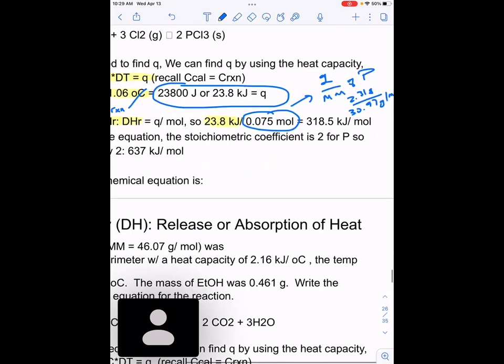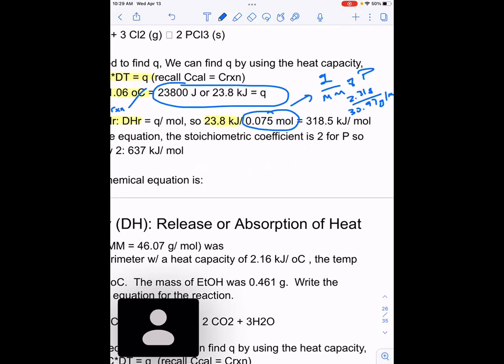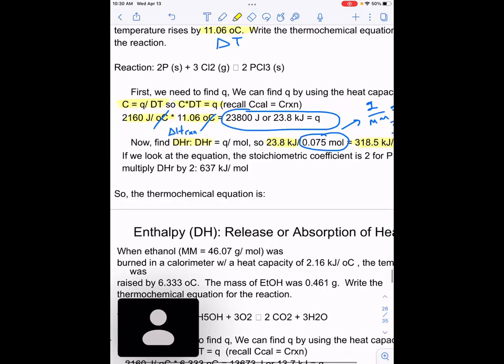All right, following? Anybody not following? All right, so that gives us this number here, 318.5 kilojoules per mole. That's how much heat is given off for phosphorus, right? But in the equation, the coefficient for phosphorus is 2.